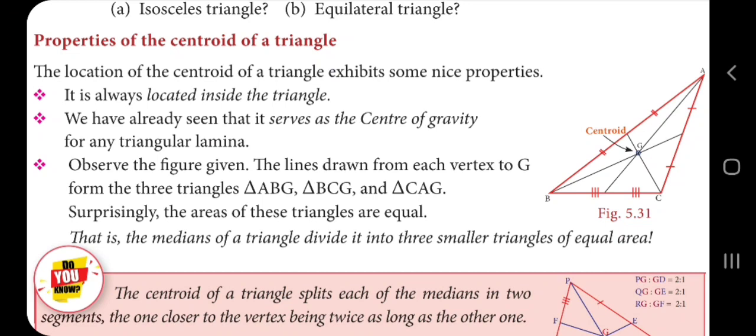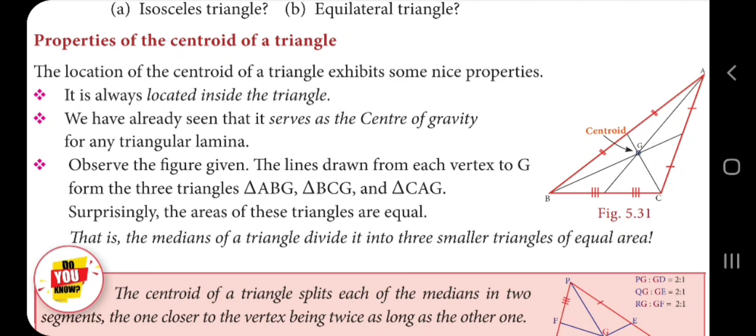We have already seen that it serves as the center of gravity for any triangle lamina. So this place is the center of the triangle. If this distance is 5 centimeters, then GC is also 5 centimeters. So it serves as the center.